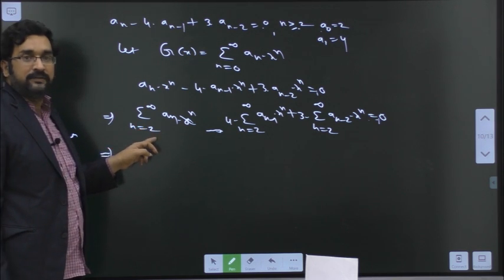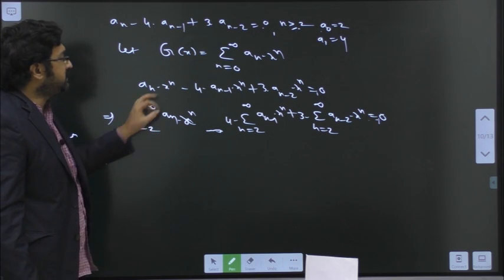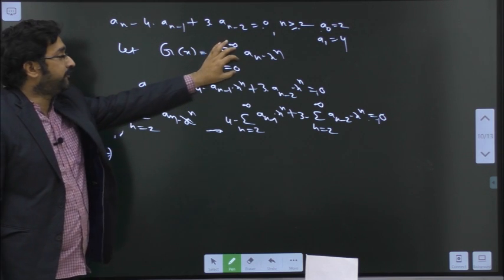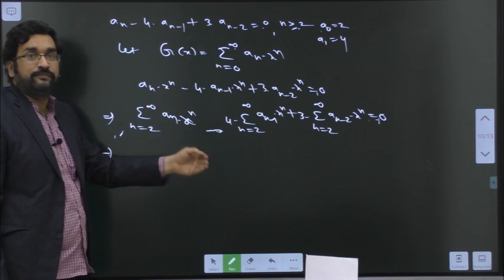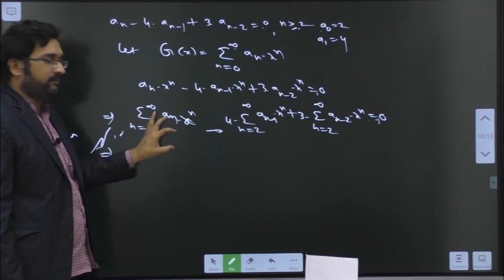Here limit is starting from 2. So when it is equivalent to g of x, from g of x we should remove first two terms, then it will be equivalent to this one.